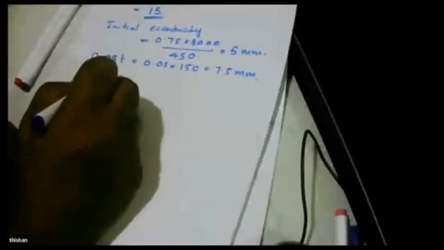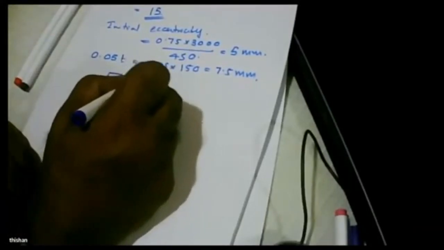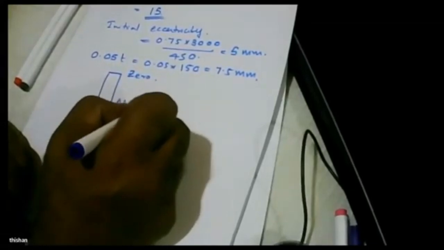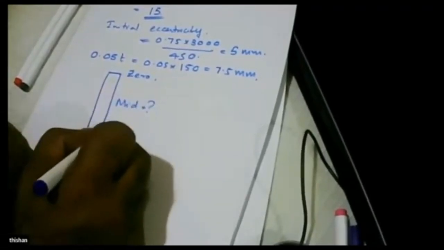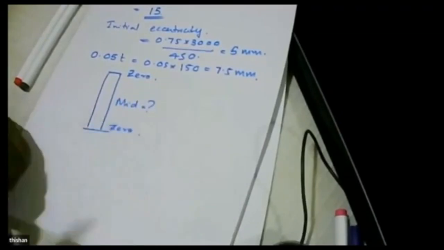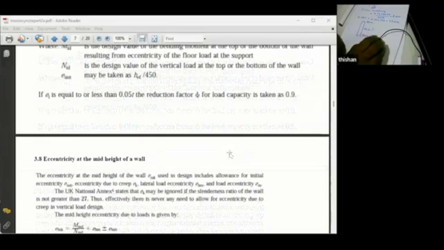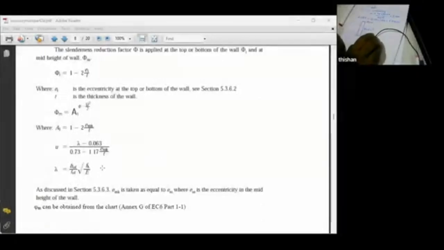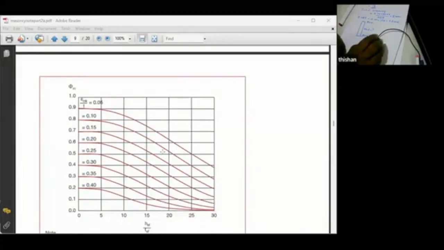So let's see what is the effect of eccentricity. So eccentricity at the top is 0 and at mid height we don't know, that we have to find. The eccentricity in the middle is given by a complicated equation, but they have given a chart.